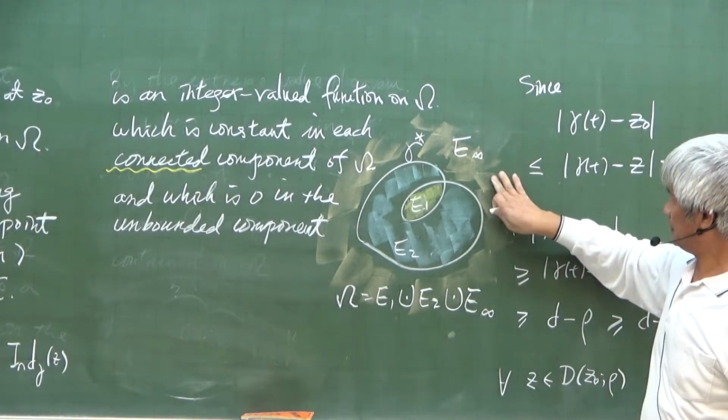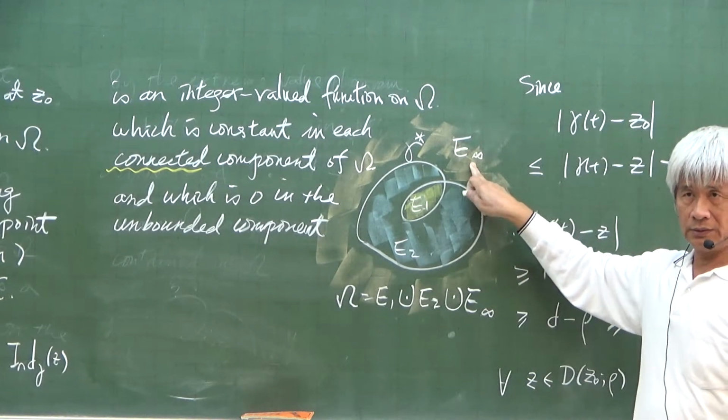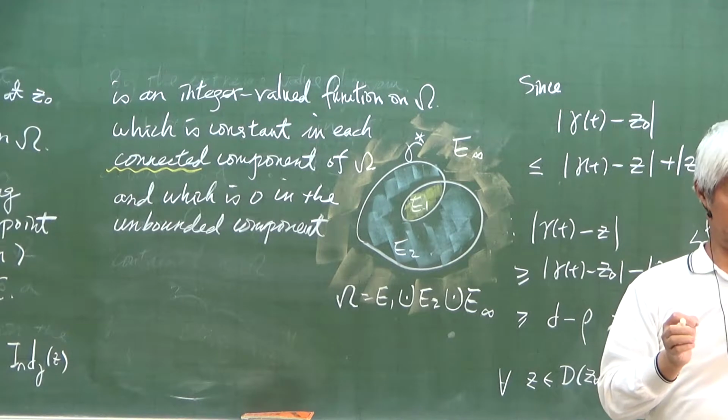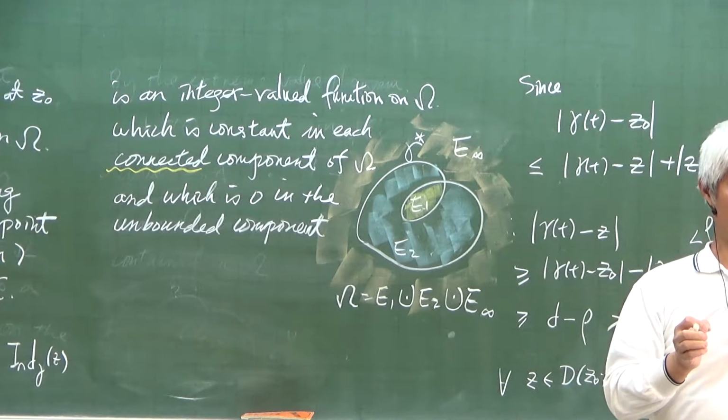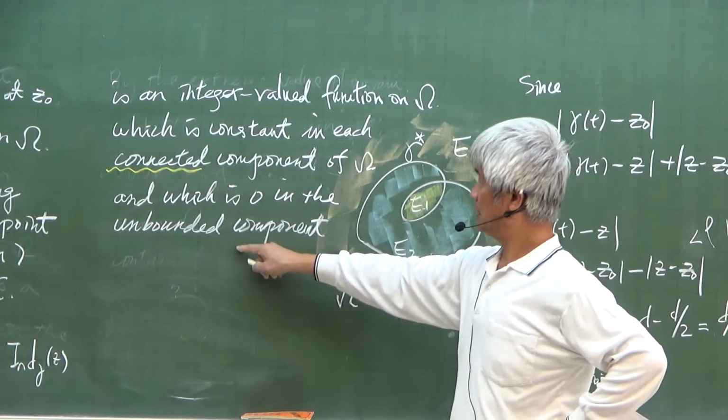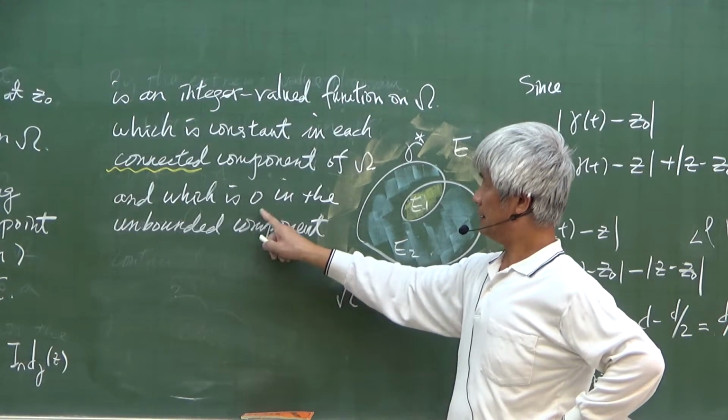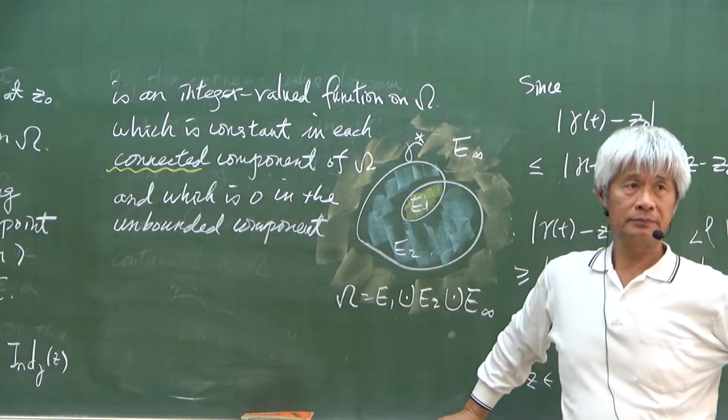So every point in E infinity has index value 0. This is asserted by this theorem.